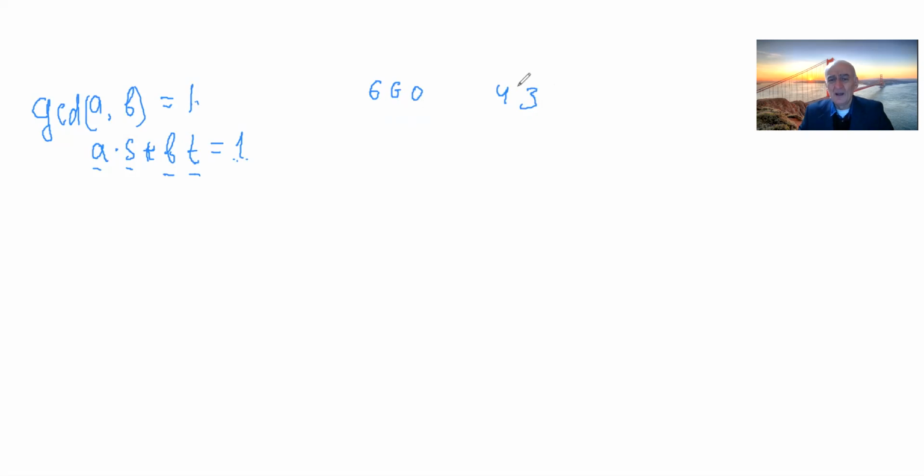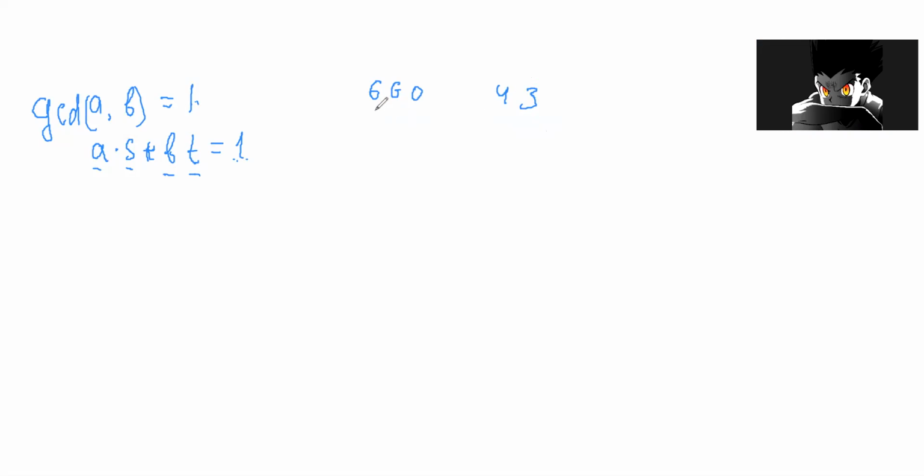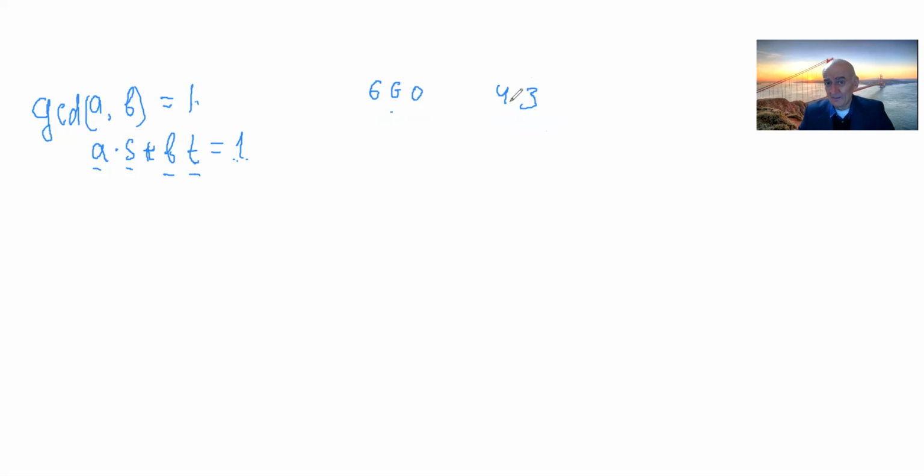It's easy to check, because 43 is a prime number and 360 is not divisible by 43, and hence they are relatively prime. But before starting, we agreed that when A and B are relatively prime numbers, 1 can be represented as a linear combination of A and B.